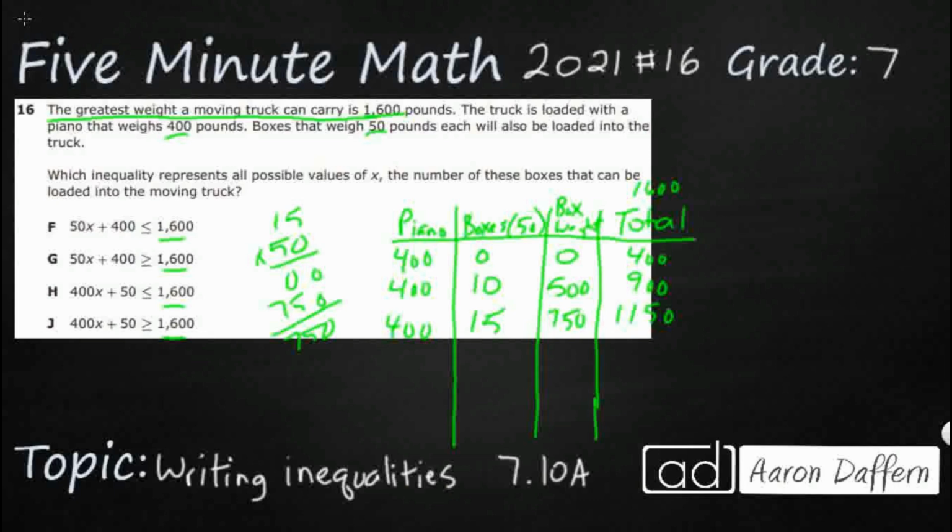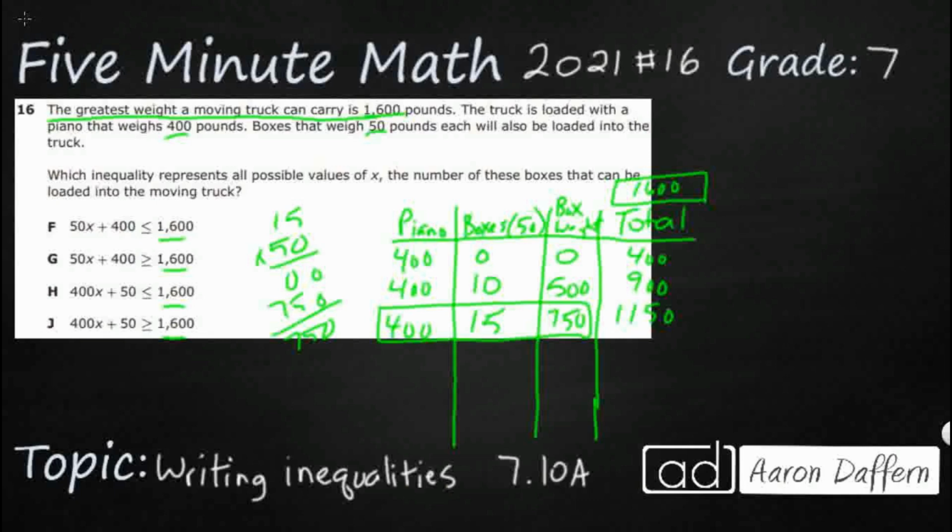So let's see if we could turn what we've just been doing here into an actual inequality. So first, let's deal with this right here, this 1,600. It says the greatest weight a moving truck can carry is 1,600. So all of this right here that I've been doing on the left side cannot be bigger than 1,600. If it's bigger than 1,600, then it's going to break.